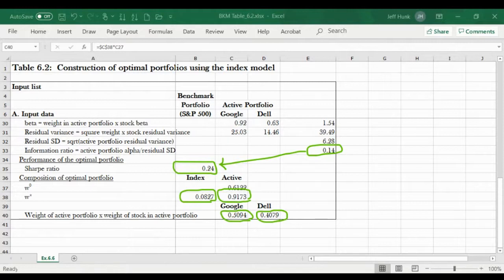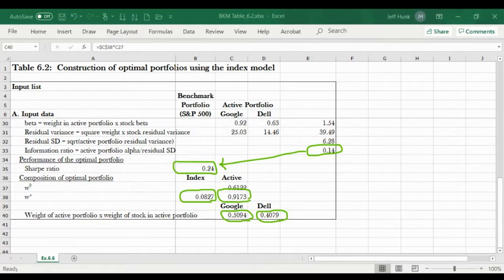Yes, it is acceptable, because the residual standard error of the active portfolio is far less than the residual of Google or Dell, respectively.